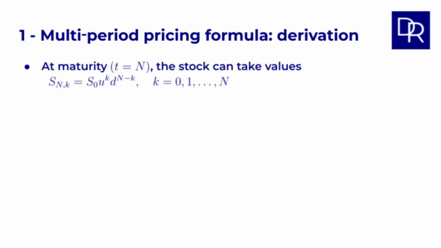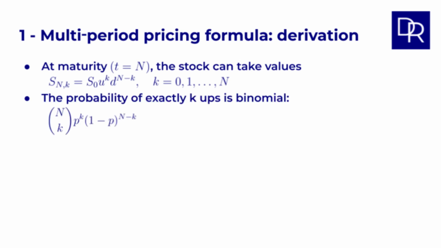Now at maturity, where the time T is equal to big N, which is the number of periods in the tree, the stock can take values of S0 times up factor U to the power of the number of up moves K, times down factor D to the power of N minus K, for values of K from 0 to N. The probability of exactly K up moves is binomial, so it equals the standard expression for a binomial probability.